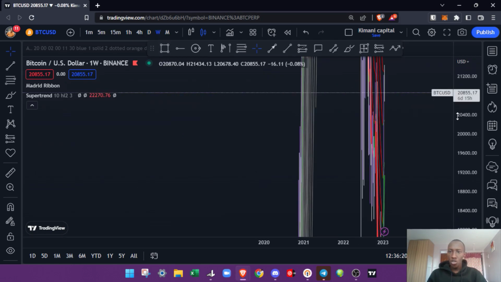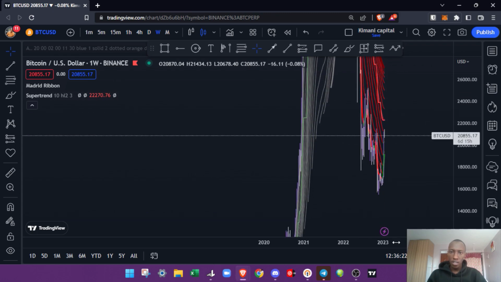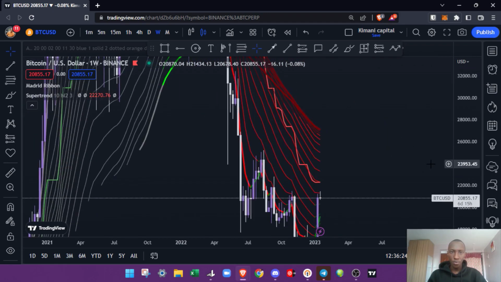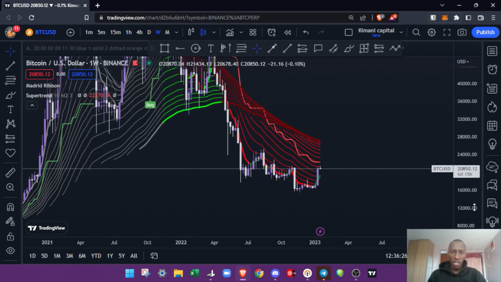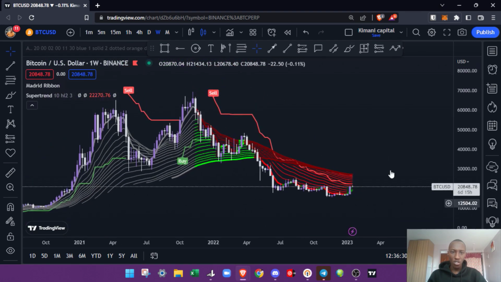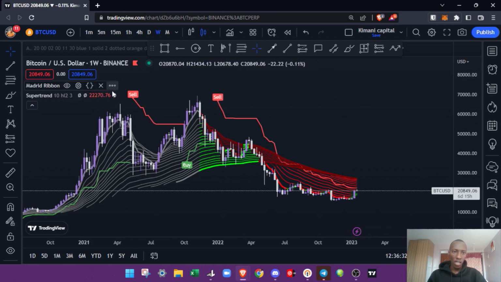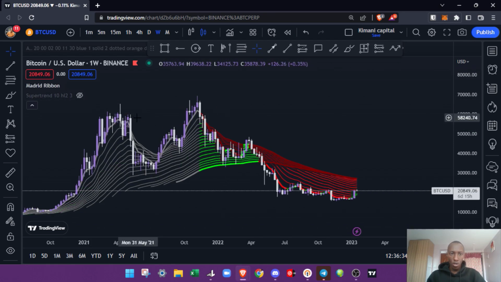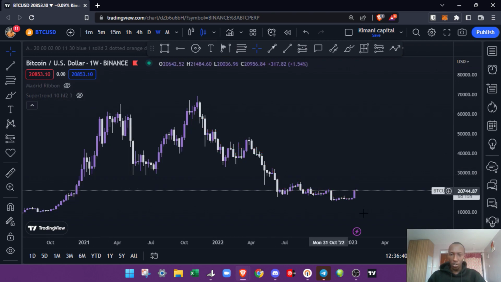Okay, so clearly, if we look at this weekly trend, we can see that we have been in a very strong downtrend. This is a weekly time frame on the Bitcoin USD.